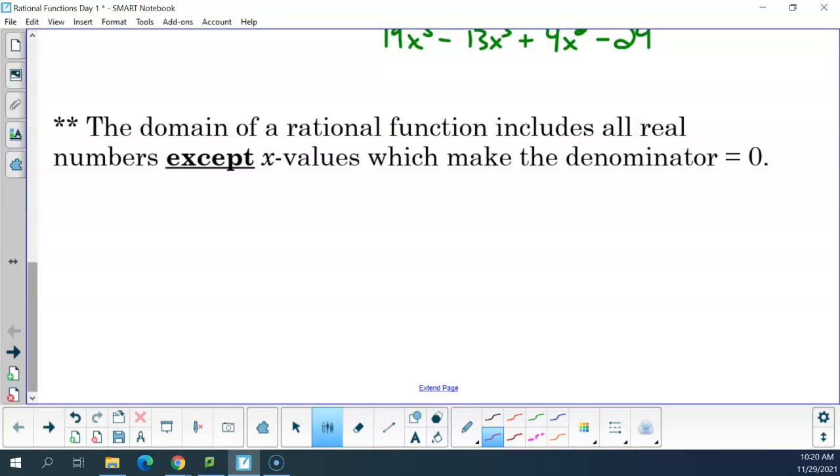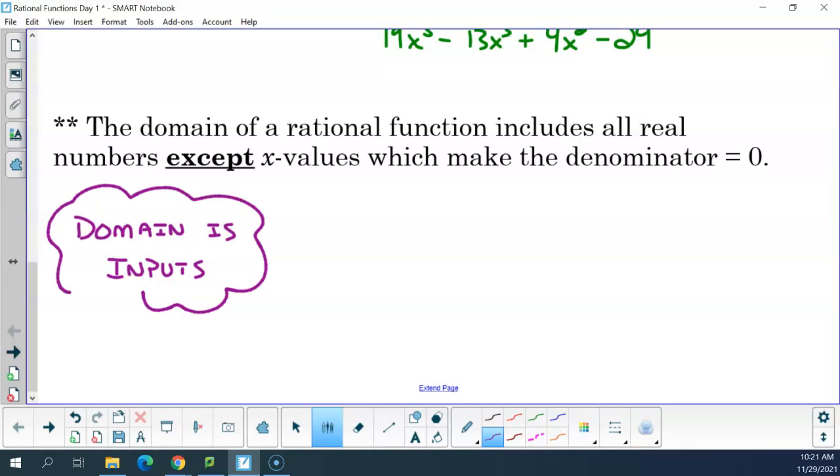That's how we're breaking it down. So the first thing we have to do is figure out what the domain of our function is. Remember that the domain is our inputs. It's what we put into the function.